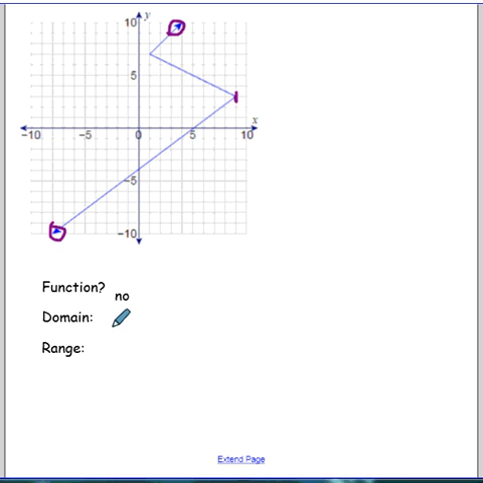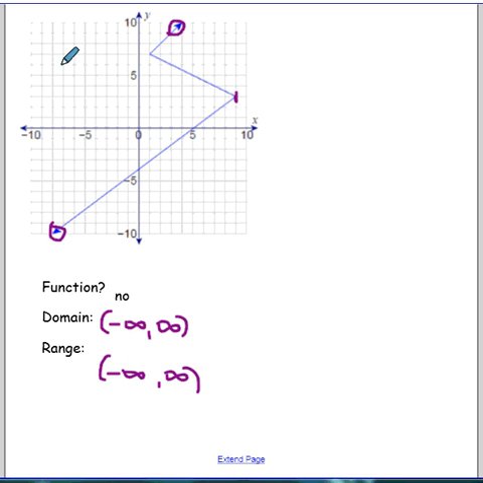And so our domain is our -infinity to +infinity.